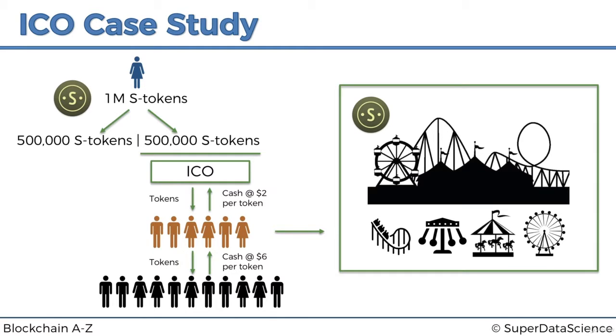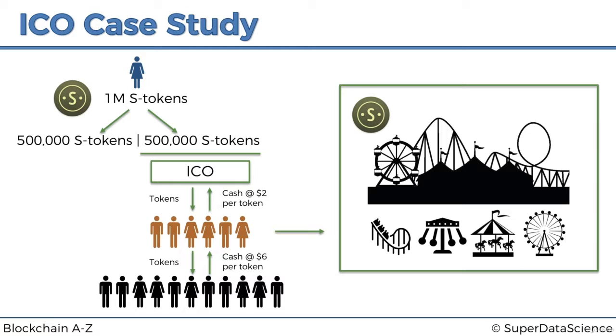And so when that happens, the price increases. Because the price has increased, now these people are going to have to pay, for example, $6 per token. And they're going to buy them off these first people that initially got into the market. And what are they going to do with them?